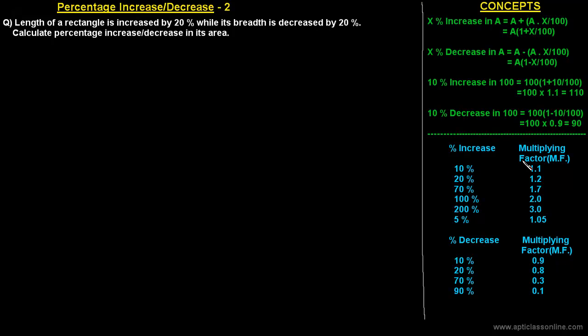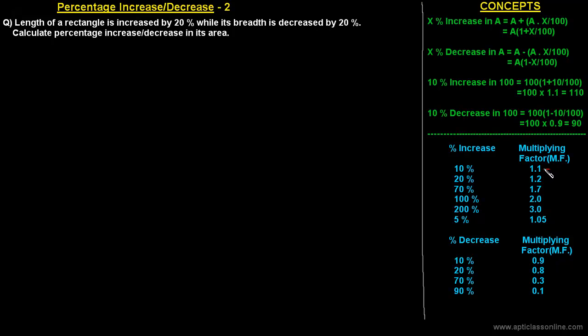To remind you, for a particular percentage increase, there is a corresponding multiplying factor. For example, for a 10% increase, the multiplying factor is 1.1. That means if we have to calculate a 10% increase in any value, then we have to multiply that value by 1.1 to get the final value.